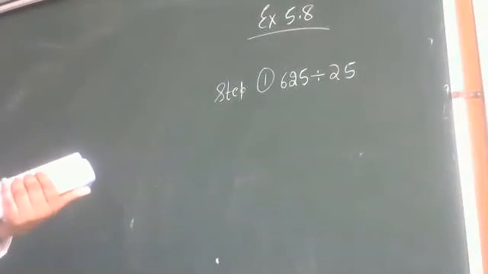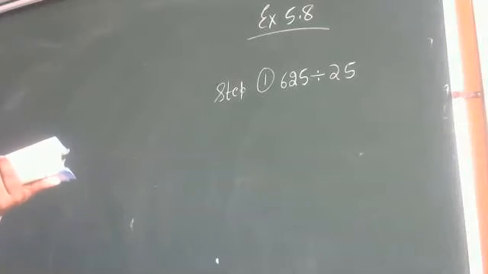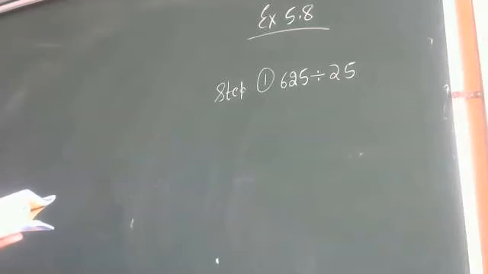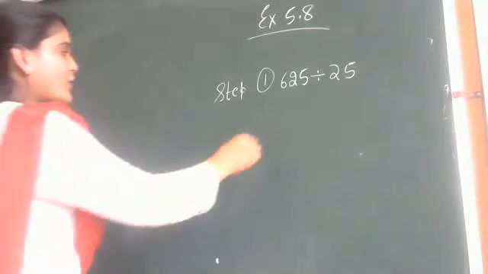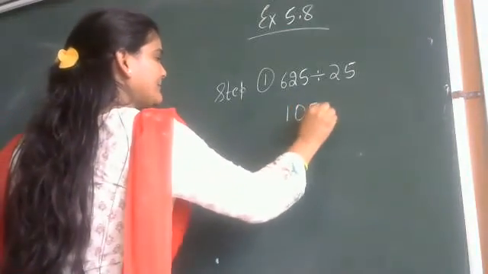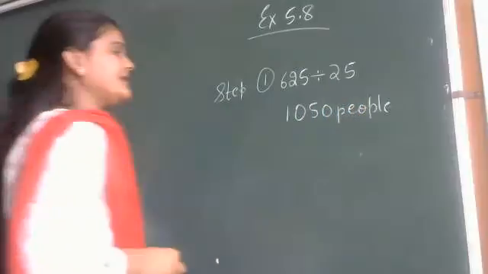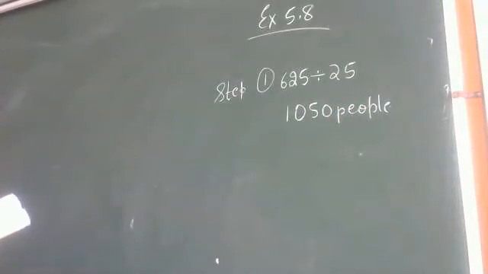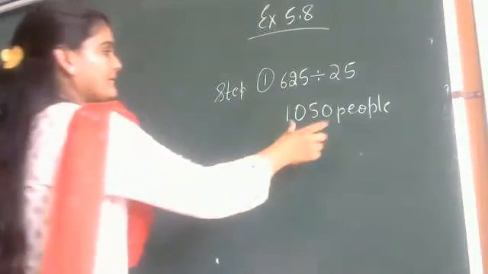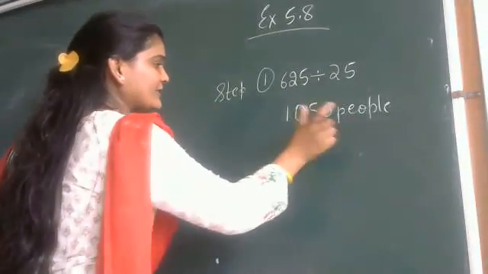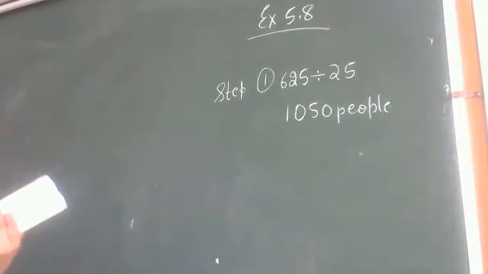Then in the next step, whatever answer you get for how much kg of rice is required for each individual, to calculate how much kg of rice is required to make the food for 1050 people, you will have to multiply.